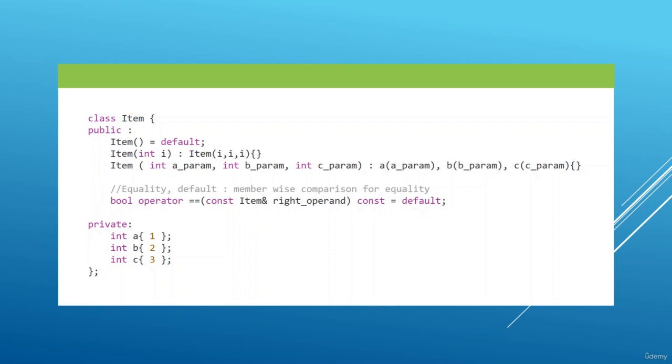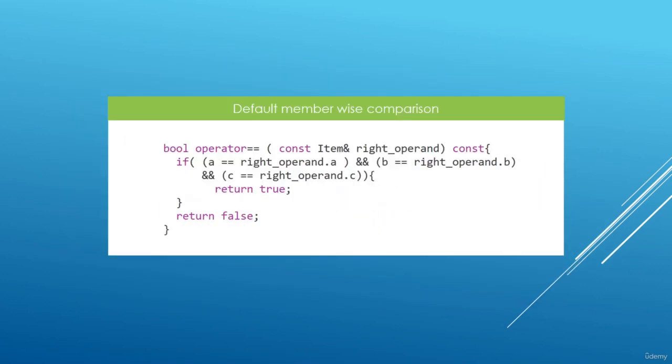So let's see what kind of operator the compiler is really going to generate. The compiler is going to generate an operator that does member-wise comparison. So it is going to compare the A member variables. Then it is going to compare the B member variables. After that, it is going to compare the C member variables. If they happen to be all equal, it is going to return true.